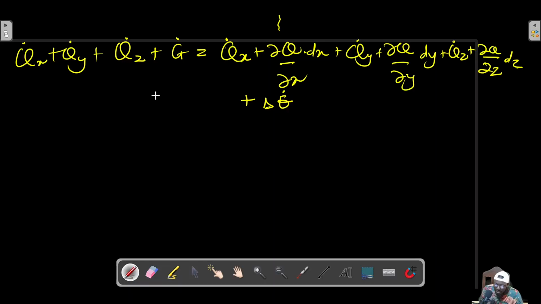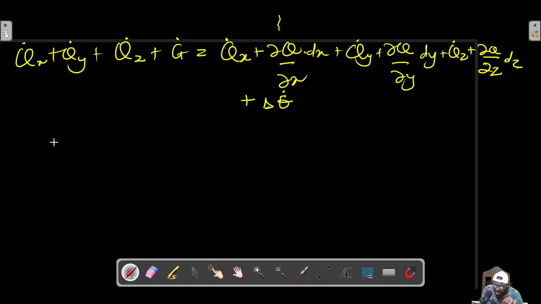Now, canceling out some of the terms, you realize Q dot x cancels out this particular term. It is obvious. It cancels out this particular term. This term also cancels out this particular term, and this term also cancels out this particular term. Then what do we end up with?